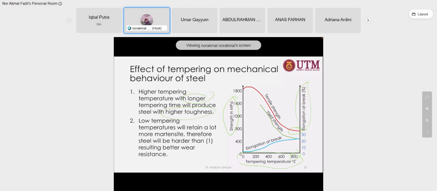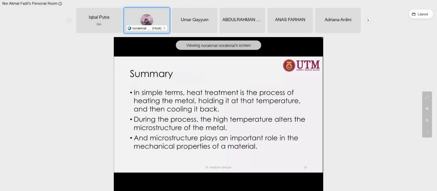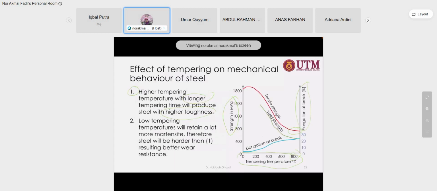Lower tempering temperature will retain a lot more martensite, therefore the steel will be harder than with a longer or higher temperature tempering process. Right. One more thing. When we talk about retaining the hardness properties, we can benefit from this property for better wear resistance.